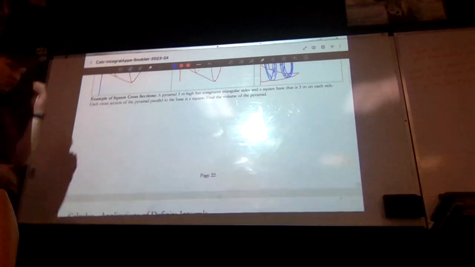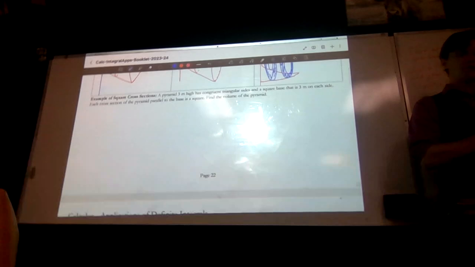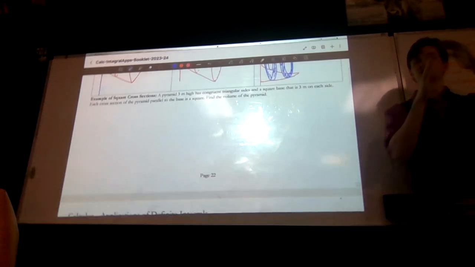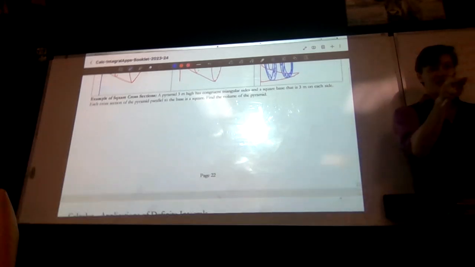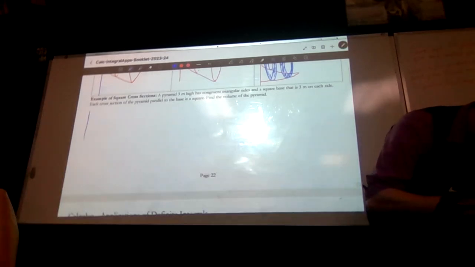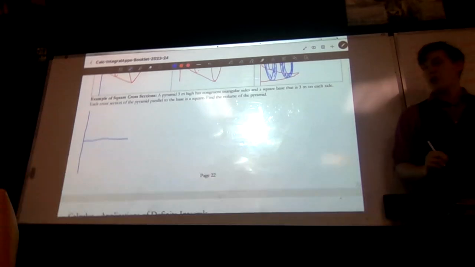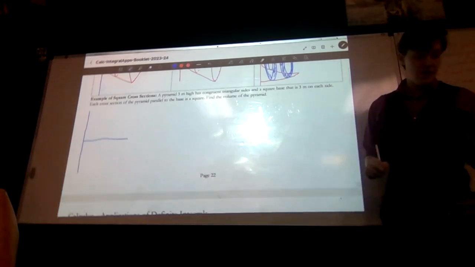So let's go ahead and draw this out. We know it's a pyramid. Congruent triangular sides just means basically that it's a pyramid. That's just a definition of a pyramid. You don't really have a tilting pyramid; you'd call it something different. Let's draw it out. Just draw your axes, right? If you looked up here, how did we make this cone?